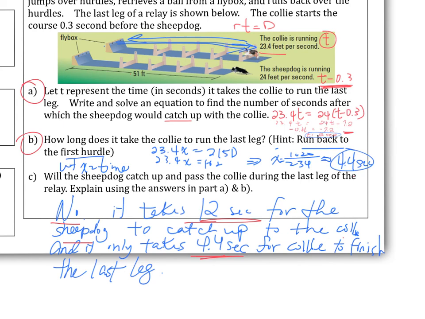So the collie is way faster than the sheepdog, and by the time the collie finishes, the sheepdog is still running at a much slower rate. And this concludes our lesson.